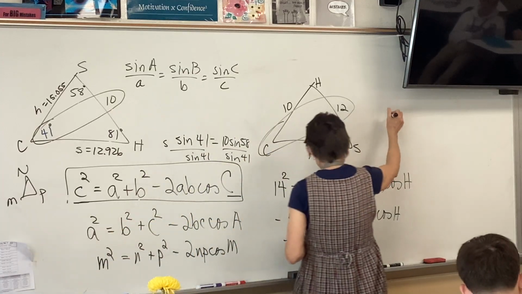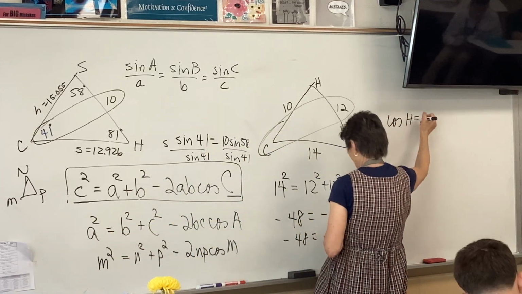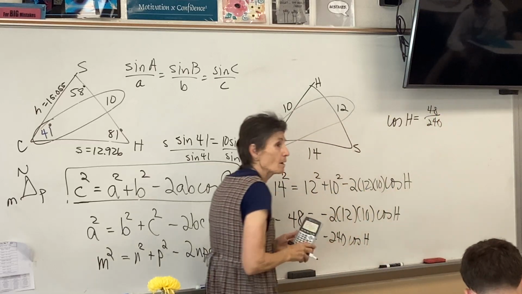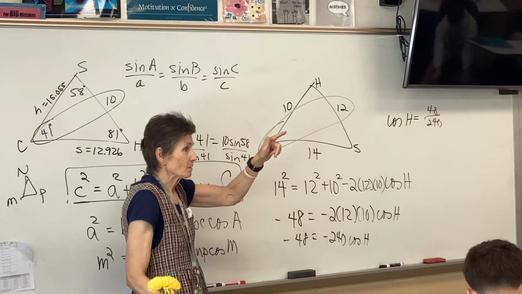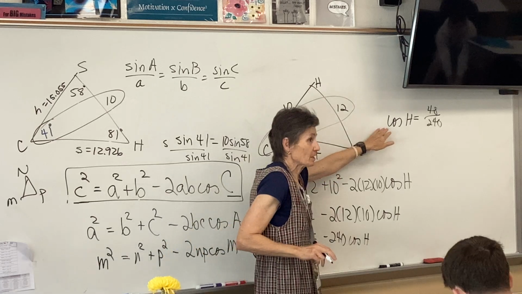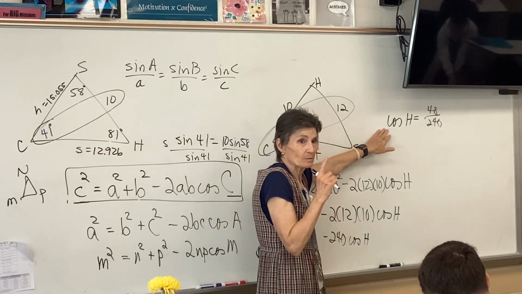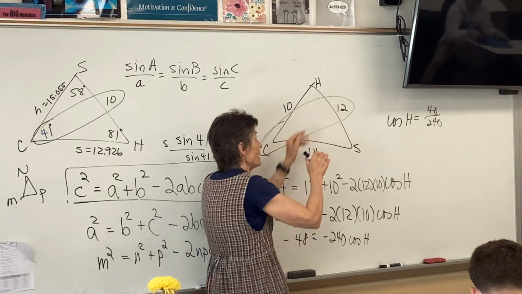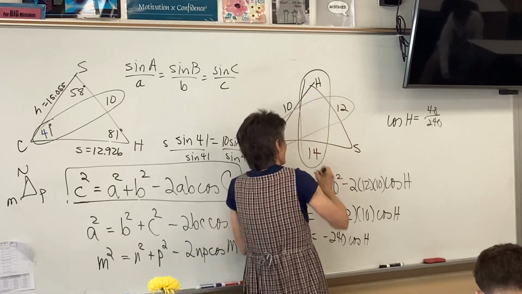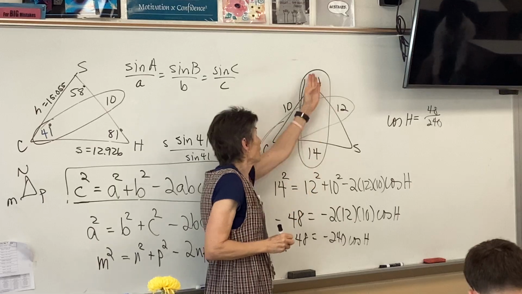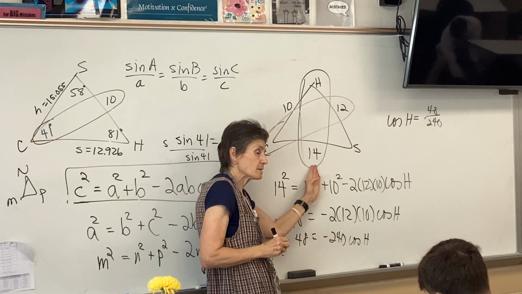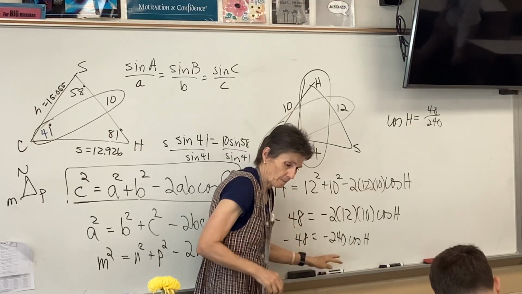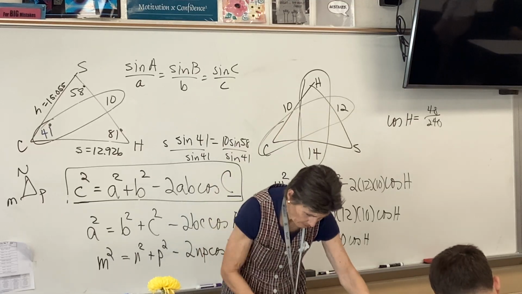So would you agree that cosine H is 48 over 240? Quickly, do you agree with that? So then I'll take the inverse cosine, right? And I will have angle H. And then, Charlie, as soon as I get angle H, I'll have my set, and I can use the law of sines.